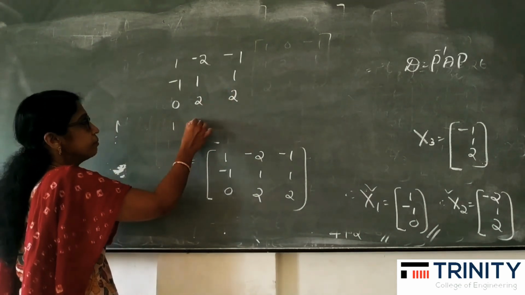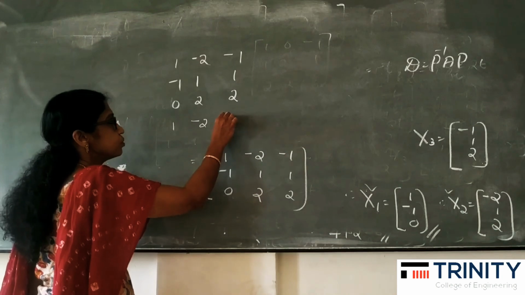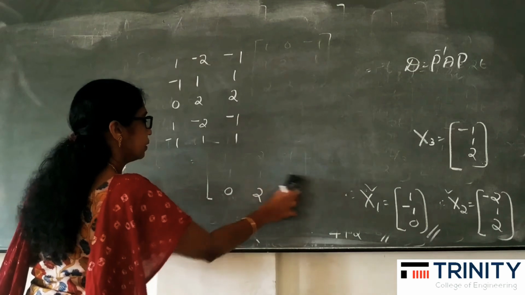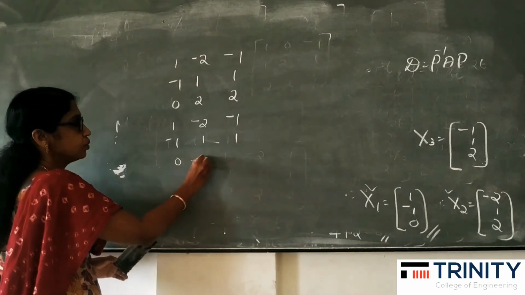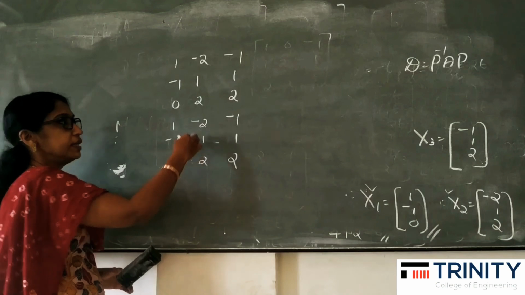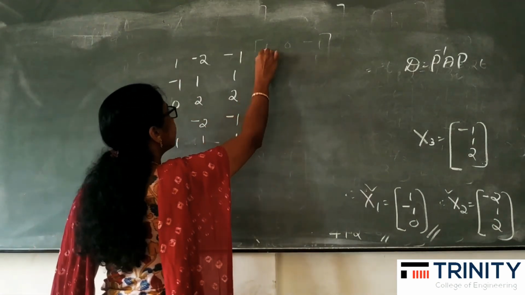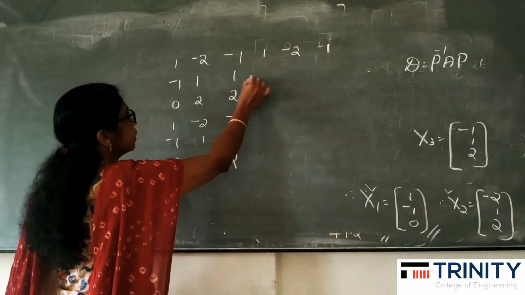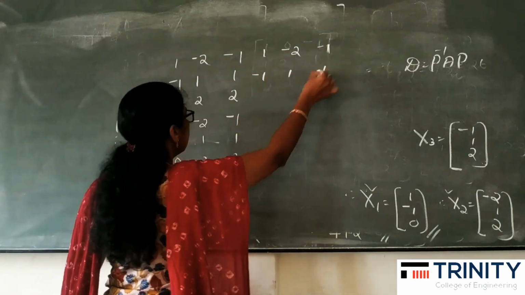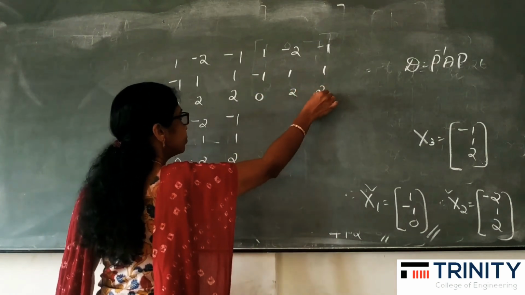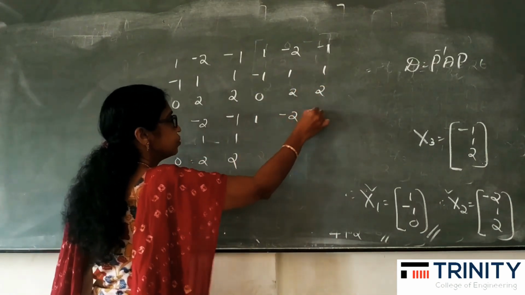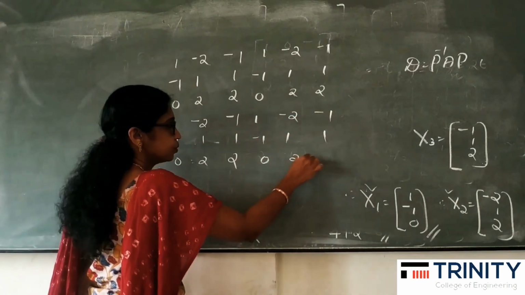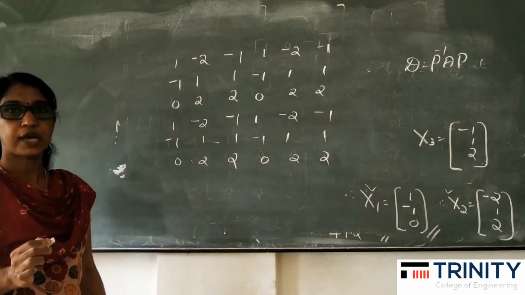Again writing below this, 1 minus 2 minus 1, minus 1 1 1, and the last row is 0 2 2. Written twice. Now on the right side write twice more: 1 minus 2 minus 1, minus 1 1 1, 0 2 2, 1 minus 2 minus 1, minus 1 1 1 and 0 2 2.